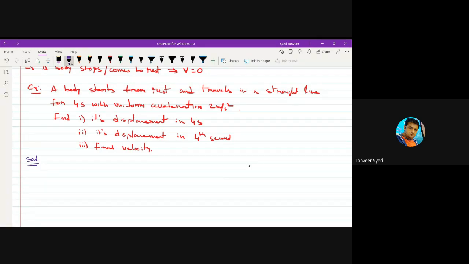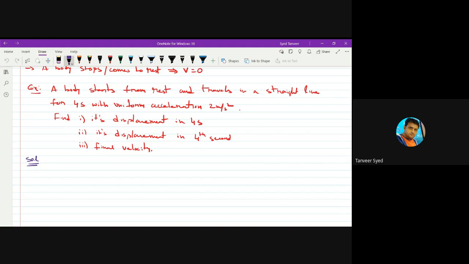Then identify what quantities are given and what quantities are to be found out. Then identify the relation which relates known quantities with unknown quantities. Then substitute the values, do the calculations, simplifications, get the result.